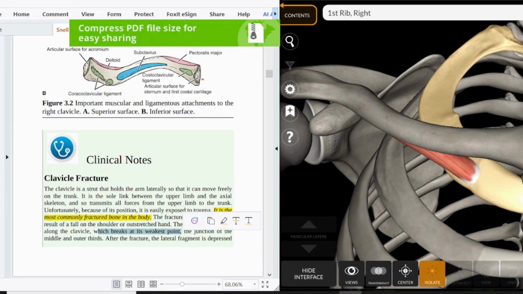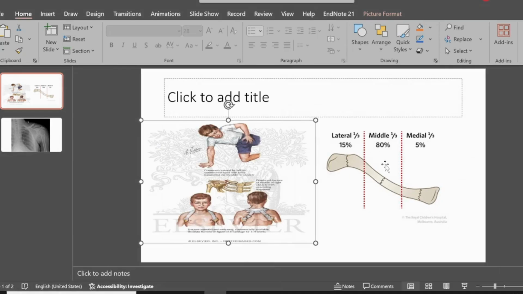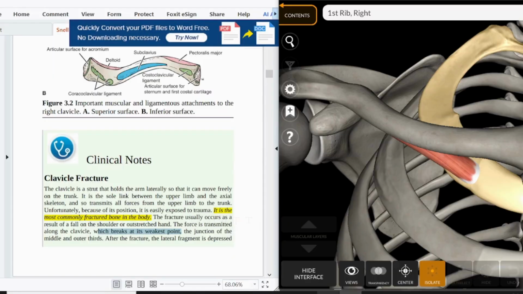So there is a point that is weakest in the clavicle, and which point is that? If you divide the clavicle into three parts, this is the medial one third, this is the middle one third, and this is the lateral one third. Over here, in between, at the junction of the middle and outer thirds, 80% of clavicular fractures occur, and this is the weakest part.